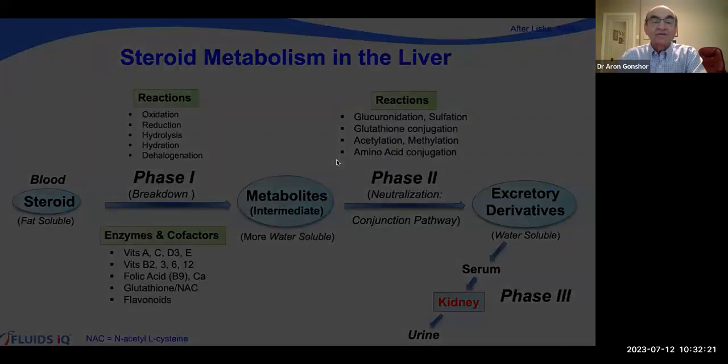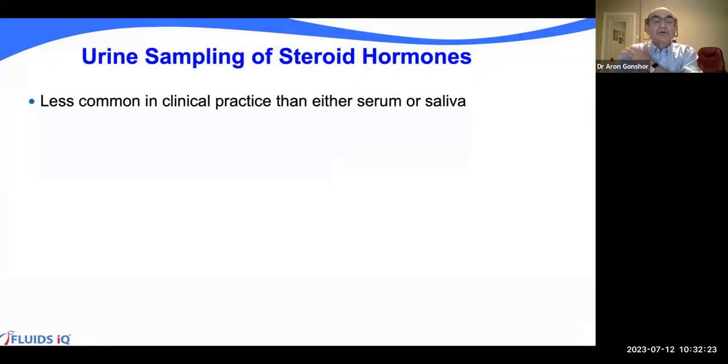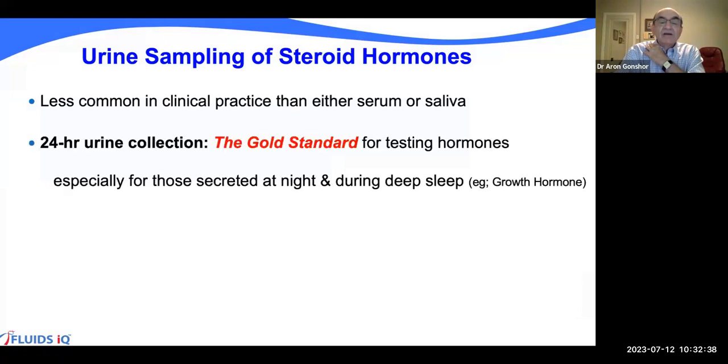And that's important. So when you're doing urine sampling, we know for steroid hormones, remember, we're talking strictly about steroid hormones. It's less common in clinical practice than either serum or saliva, but it's gaining a lot of fans now. Let's say it very clearly, 24-hour urine collection.